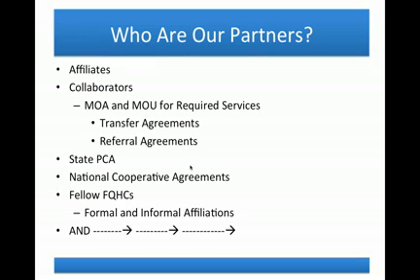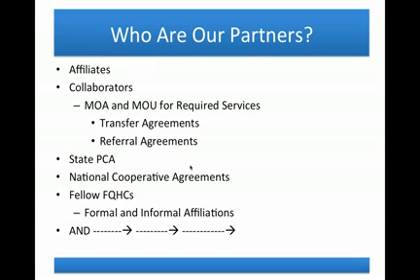Some examples: transfer agreements, referral agreements, maybe a memorandum of understanding with a local nursing school for students to come and receive clinical training at the health center. But in return, the school agrees to provide a nurse facilitator, a nurse preceptor, to the health center. So again, that could be those formalized MOAs or MOUs.